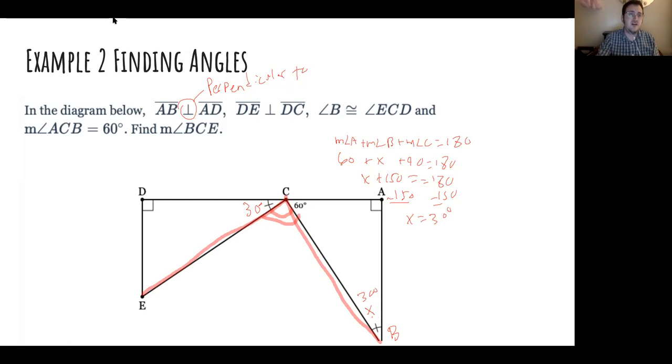I also know that when 3 angles kind of come together to form a line, that these add to 180.